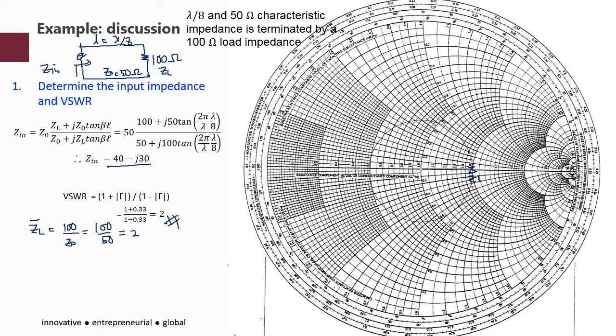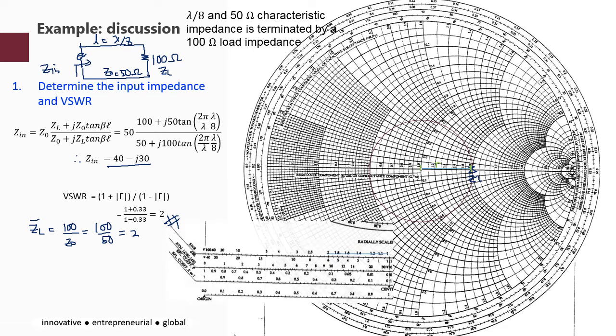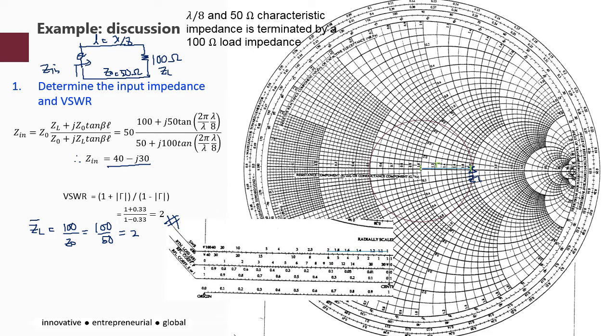Then measure or read the SWR value. If the value is not clear, you can use the same radius and the scale underneath the Smith chart. Bring down the same radius to the SWR scale, so it is equal to 2, the same reading as on top.